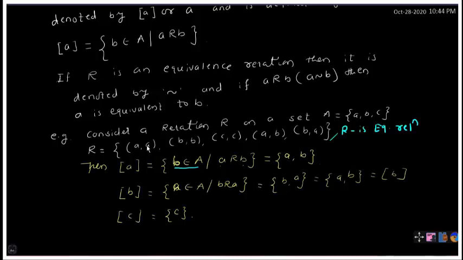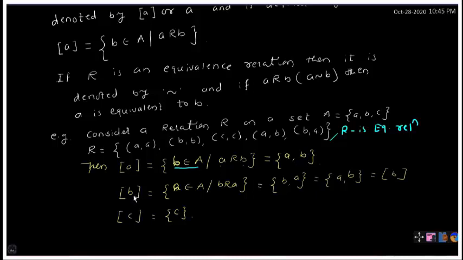So a is related to a here, and a is related to b. (a,b) belongs to R means a is R related to b. So a comes here, and also b is R related to a, so b also comes in this equivalence class of a.